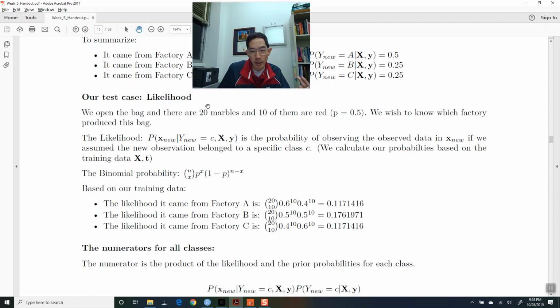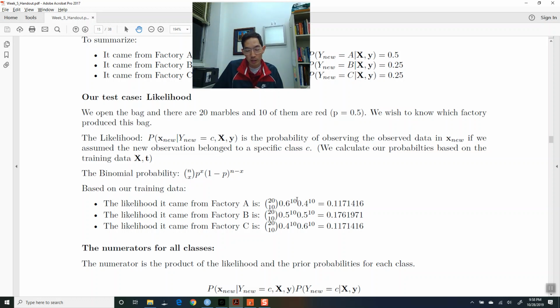Here we're going to assume a binomial probability, which is n choose x, p to the x, 1 minus p to the n minus x. So the likelihood that it comes from factory A is 0.6 raised to the 10th, because each red marble has a probability of 0.6, and 10 red marbles appeared in our bag.